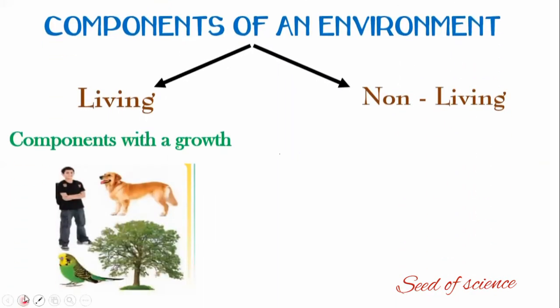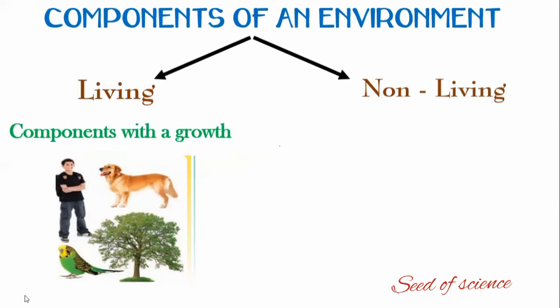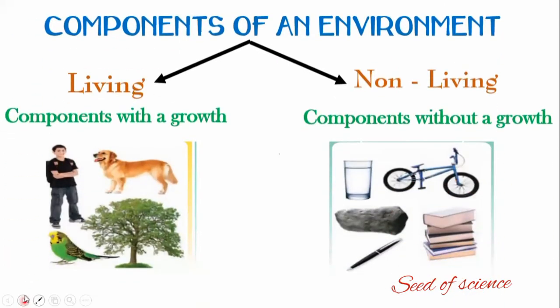We can say humans, animals, birds, plants, those are living. And the non-living? The glasses, bicycle, pen, pencils, stones, those are non-living.